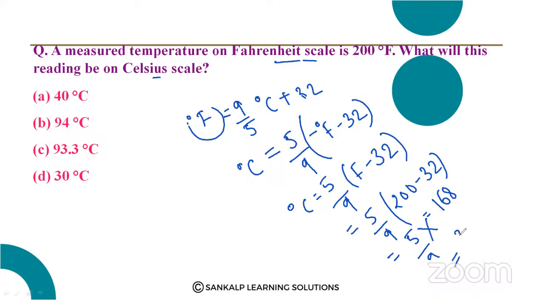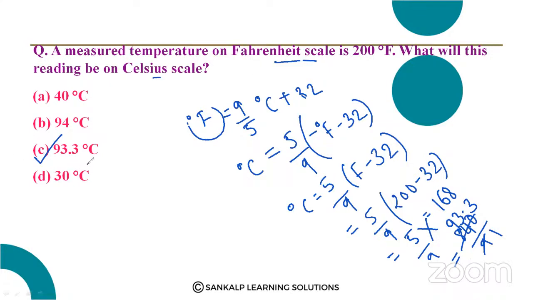The answer after solving comes to 93.3. So like this, you're going to find out. This was the question asked for Celsius, right? The Fahrenheit scale was given and Celsius you're going to find out. So this is the particular formula you are going to use.